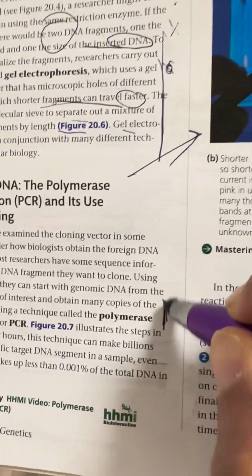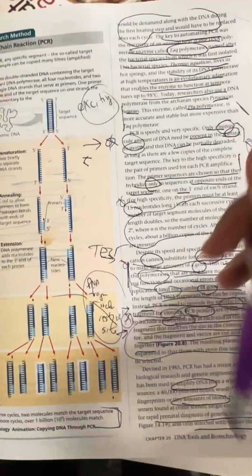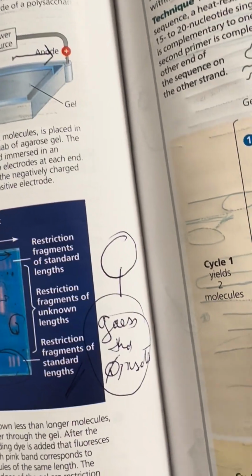Now, what is PCR used for? PCR is pretty neat. It basically allows you to grow a super small amount of DNA. Let's say you found a little bone, and you think that bone belongs to a dinosaur, and all you can get is a little touch of it, but you want to sequence the DNA.